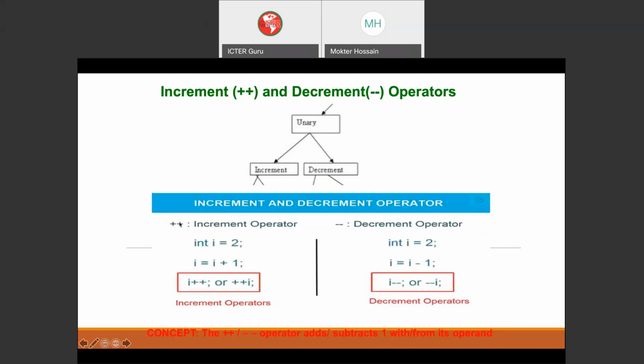Actually, this plus plus means something. For instance, if I say I equal to I plus 1, and my operand is I, then I plus plus means I plus 1. It increments its value by 1.